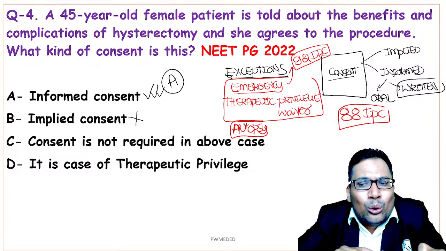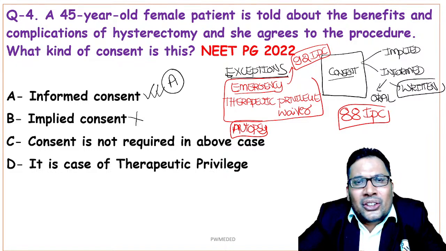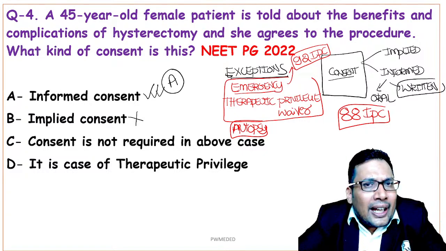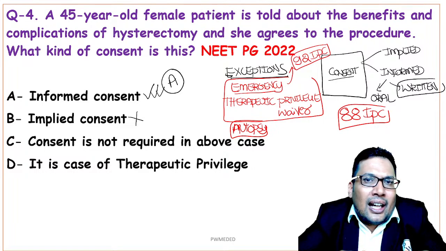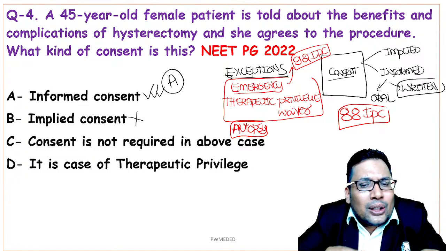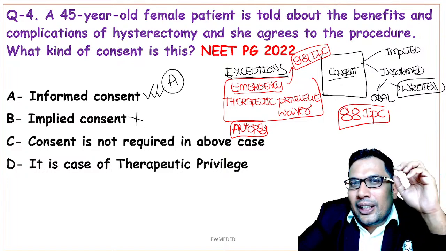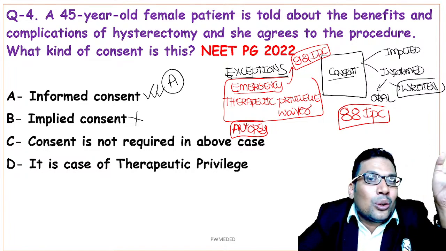Whenever an act is done in good faith with the consent, if something goes wrong, it can be grievous hurt or death of the patient, then it is not a punishable offense. So act done in good faith with the consent, 88 IPC. Act done in emergency without the consent, 92 IPC. Both are MCQs that can be asked in the exam. Therapeutic privilege means when the patient's condition is very serious, you can divulge the information to the relatives, not to the patient.